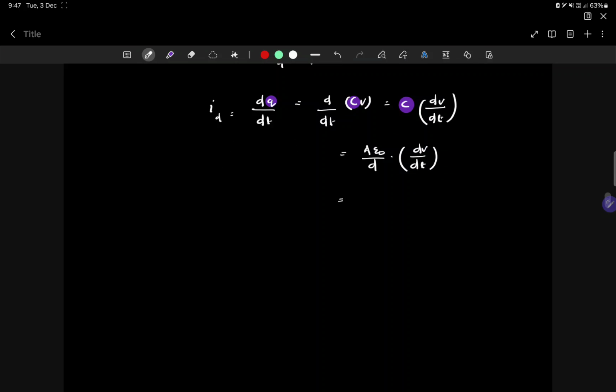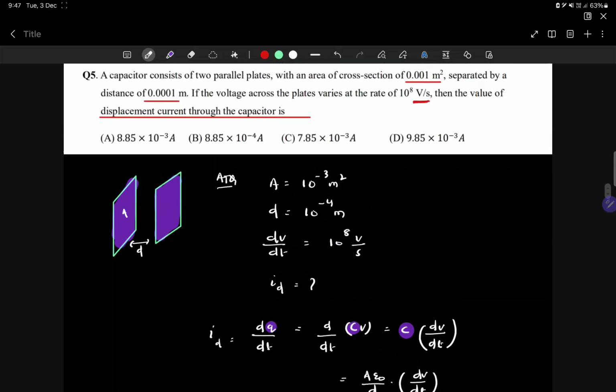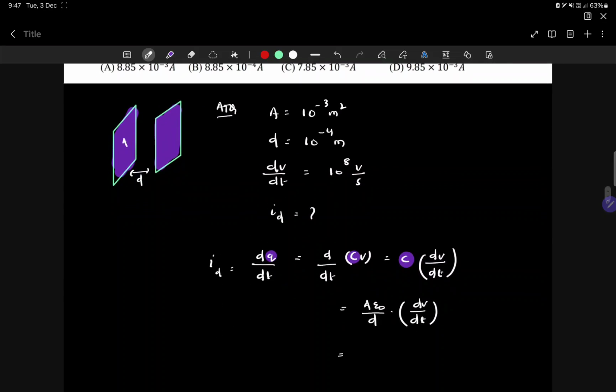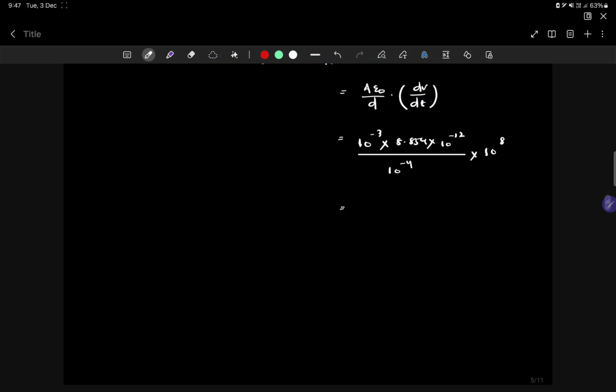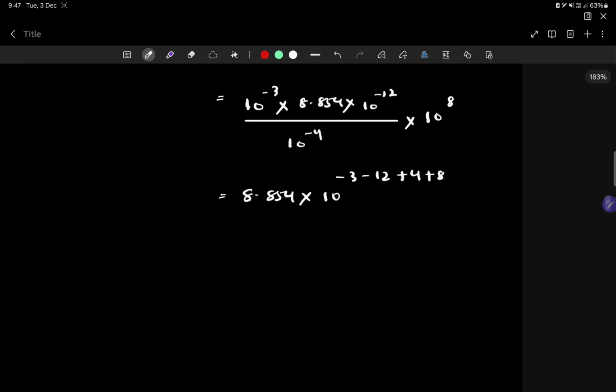So now we can use the respective values. Area is given as 10 to the power minus 3, D is 10 to the power minus 4. So this is 10 to the power minus 3, epsilon value 8.854 into 10 to the power minus 12, divided by 10 to the power minus 4. dV by dt is given, 10 to the power 8. So we can write 8.854 into 10 to the power minus 3 minus 12 plus 4 plus 8.